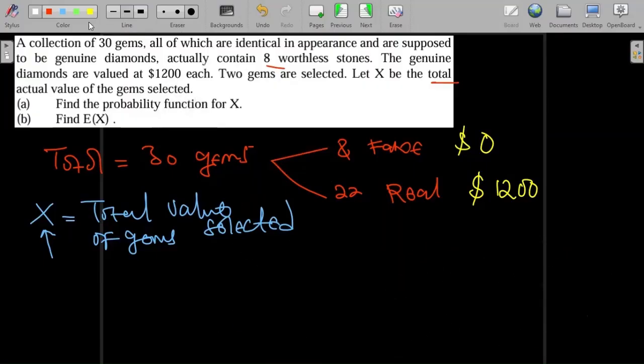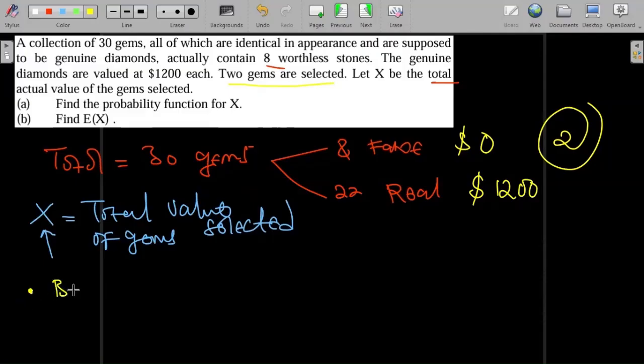All right, so where can we start? We have been told that two gems are selected out of this 30. X is the total value of the gems selected. So we have three scenarios here.